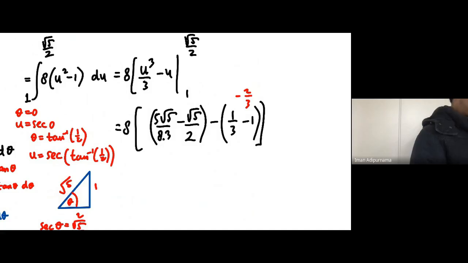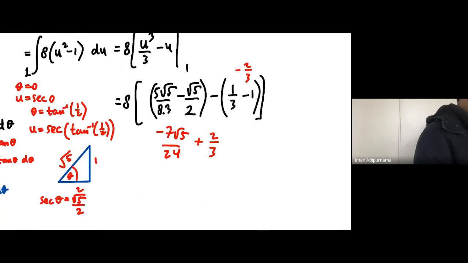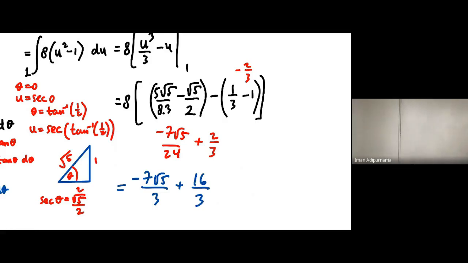Yeah, now it's correct, right? So 24, 12. Oh, so negative 7. Now it's correct, right? And then we multiply. It's 3 and maybe it's 16 over 3. Yeah, okay.